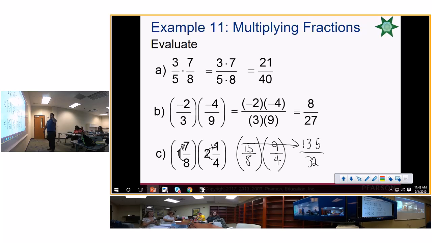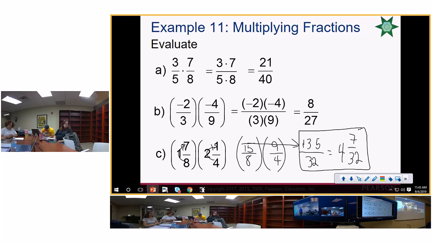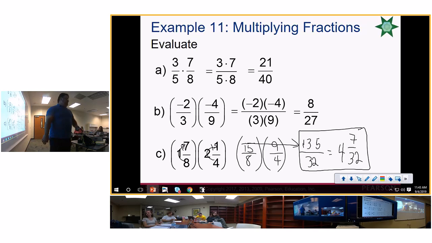So I'm going to multiply 4 times 32 in my head, and that's going to give me 128. So I know it'll go in 4 times, and let's see, 128 from 135 is what? 7? 7 over 32. Somebody help me out. Somebody do the math. Check me.